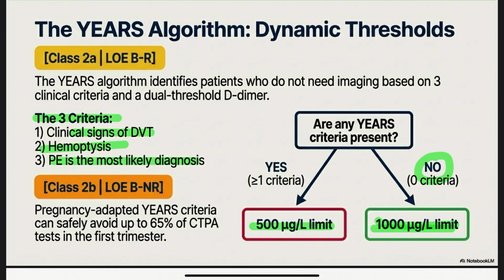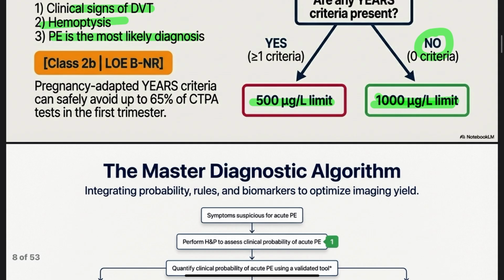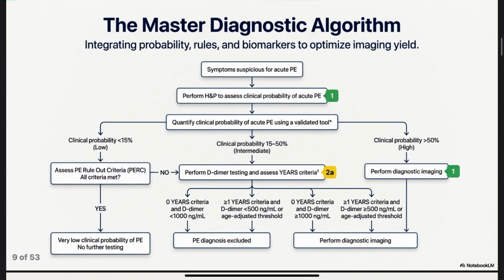Okay, so you can either take an age adjusted cutoff, or you can use these cutoffs also. So the pregnancy adapted YEARS criteria can safely avoid up to 65% of CTPA in first trimester. As I told, this was widely used in pregnancy before, but now we are using it for this. So a major change in the diagnostic algorithm has been made.